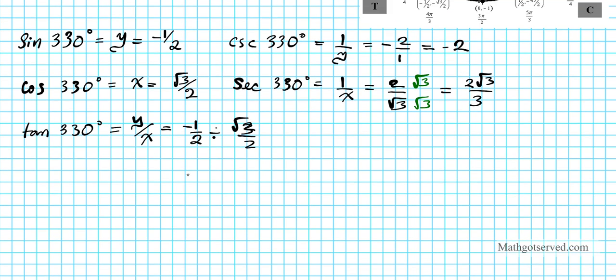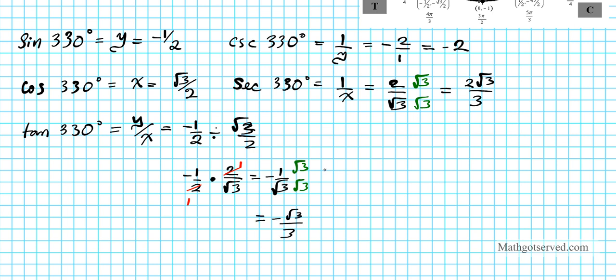So I'll keep negative 1/2, change this to times, and then I'll flip this, because division is the same thing as multiplying by the reciprocal. Now the 2's divide out, 2 goes here 1, 2 goes here 1, multiply across, you have negative 1 over root 3, and then you rationalize the denominator, root 3, and that's going to give us negative root 3 over 3 for tangent.